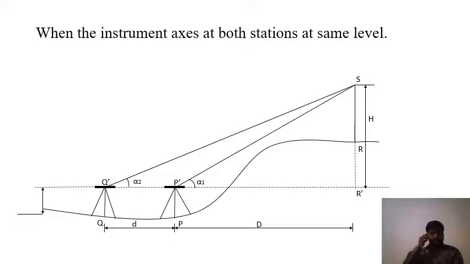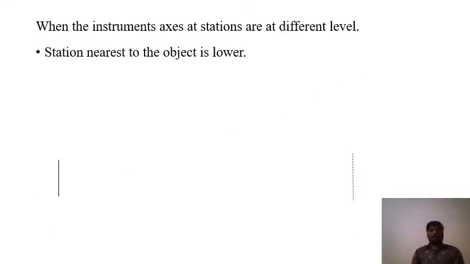The distance from P to R is shown with a capital D, and P to Q with a small d. There is a benchmark provided and a height H. This is the case where both instrument axes are at the same level.